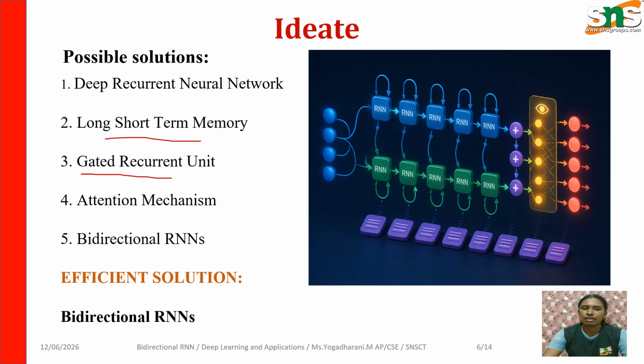GRU stands for gated recurrent unit, a simpler version of LSTM. The attention mechanism allows the model to focus on important parts. And bidirectional RNN uses both past and future information. The best possible solution is bidirectional RNN, because it combines information from both directions and understands sequence context more effectively.